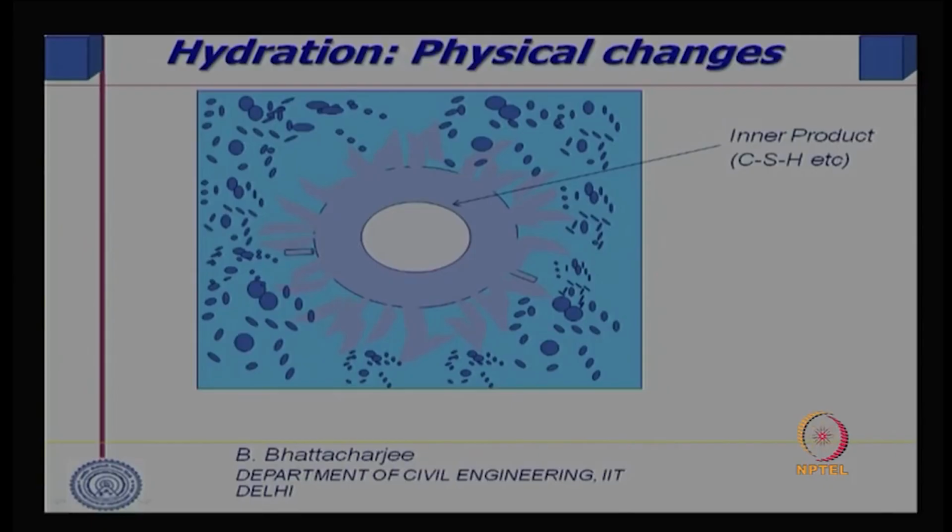Now, as we know, the product of hydration has a density lower than cement. The density of cement is 3.15, and water has a density of 1.